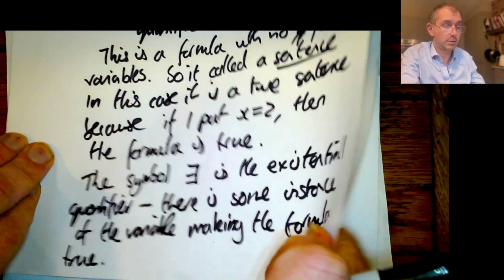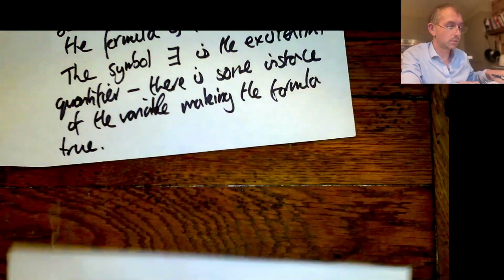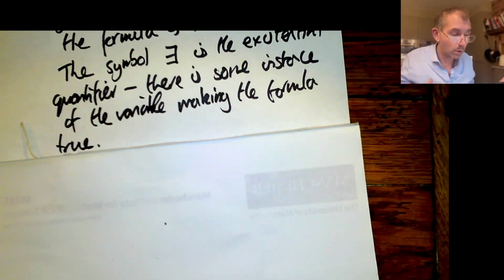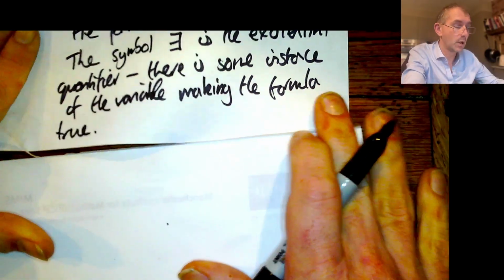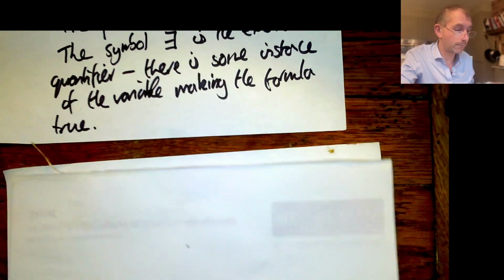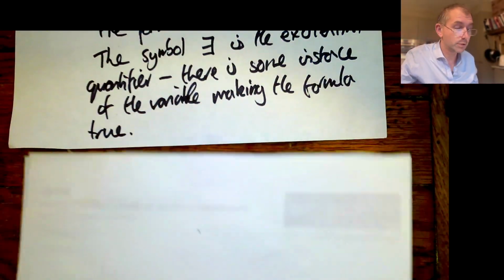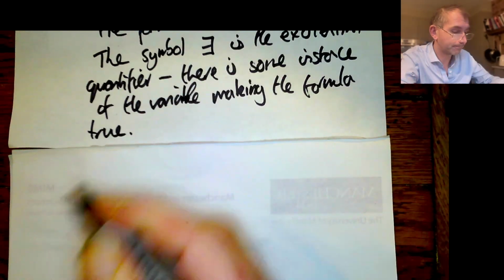The other quantifier that we might want to use is the universal quantifier, and that is the one that says that no matter what choice of constant to replace your variable you use, it's true.